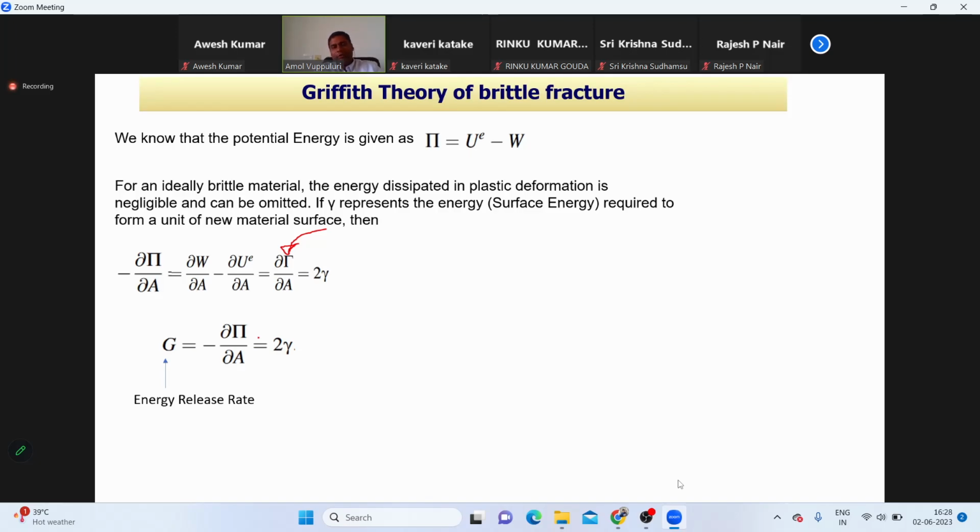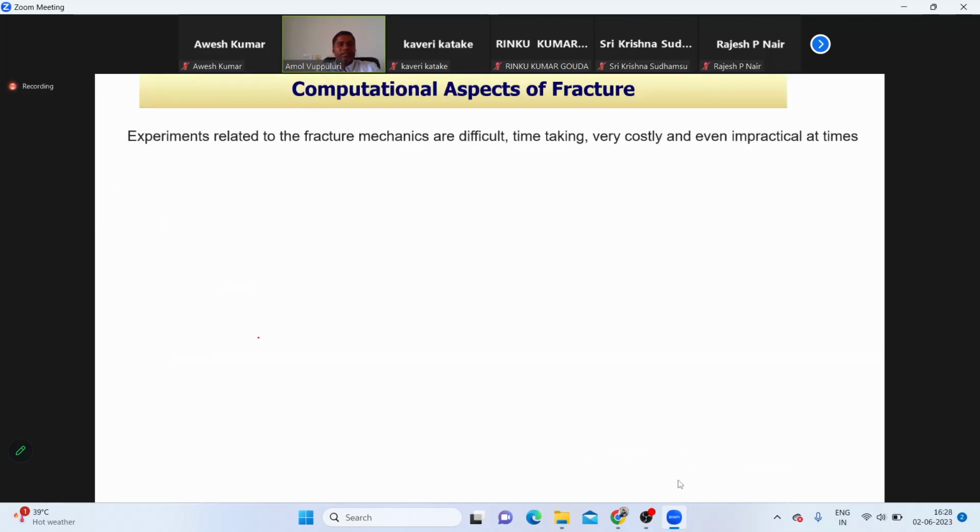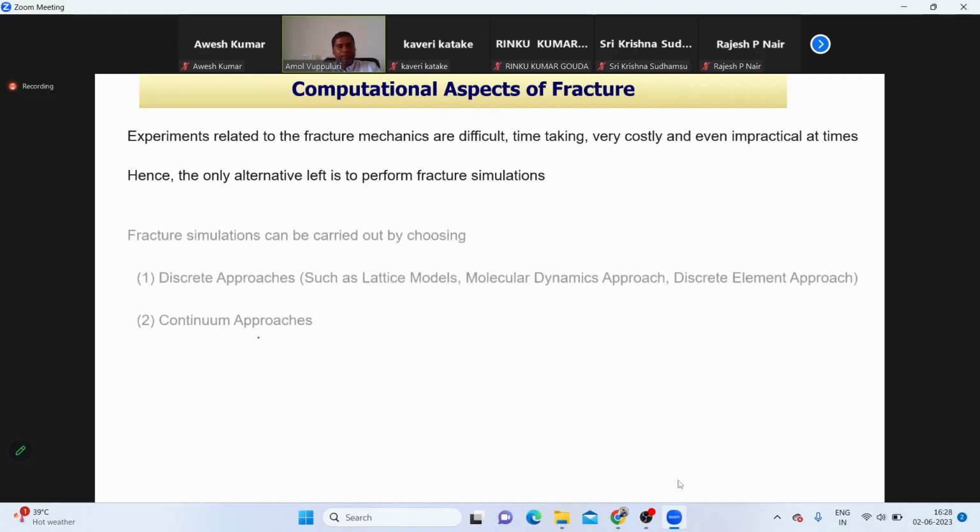Okay, so now I will go to the simulation aspects of fracture mechanics. As I said, experiments related to fracture mechanics are difficult, time-taking, very costly. They are sometimes even impractical. So hence the only alternative left is to perform fracture simulations.